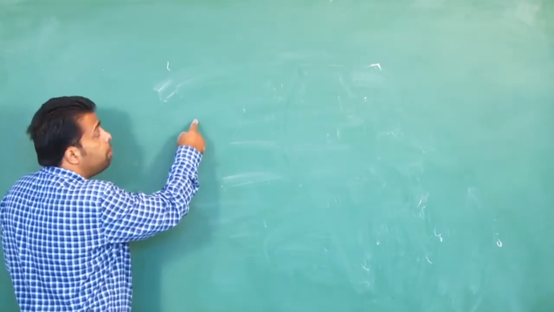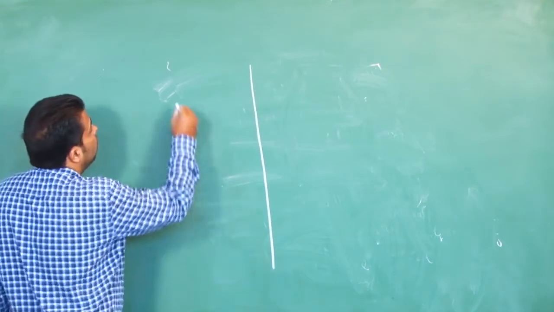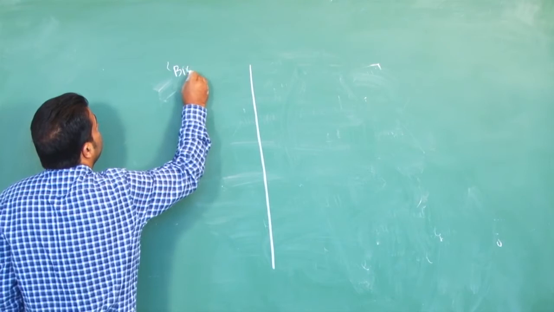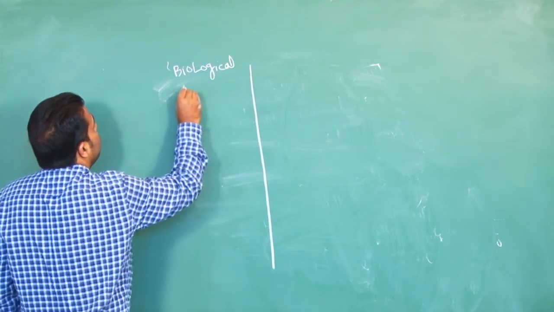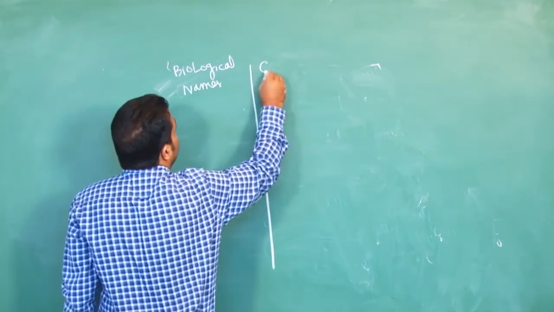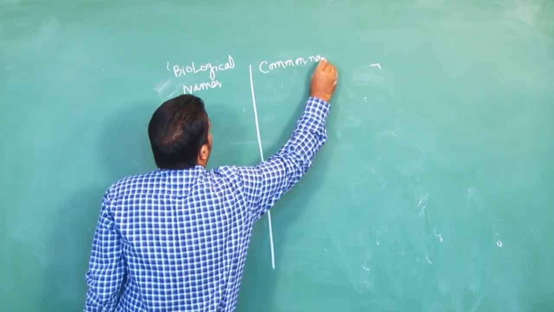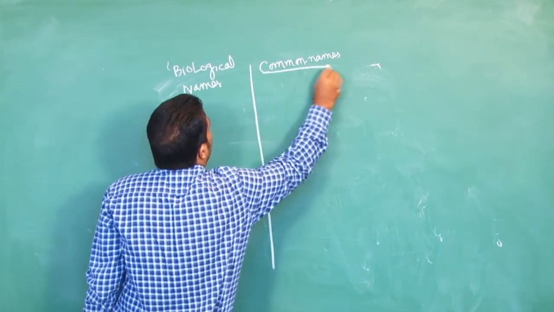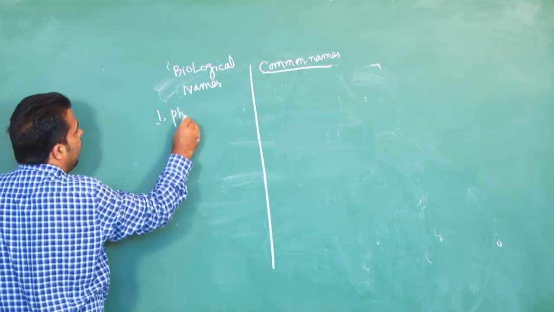So the most important part now is biological names and their common names. For example, the first one is Physalia.